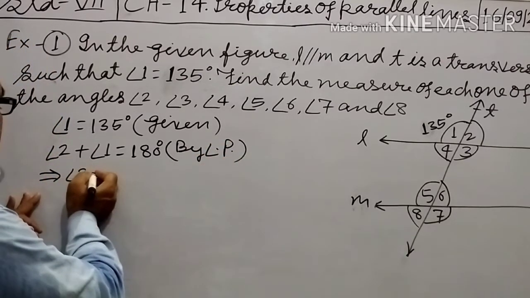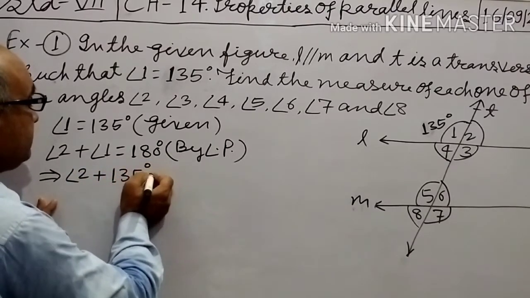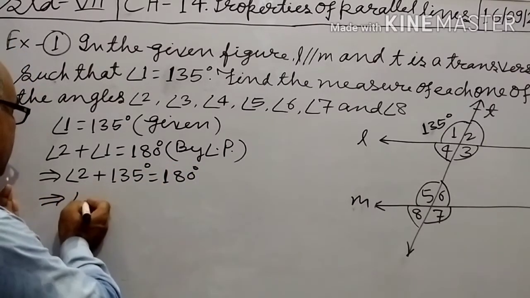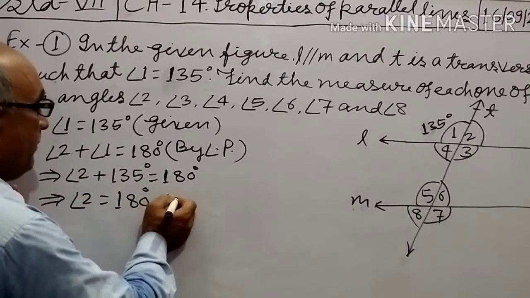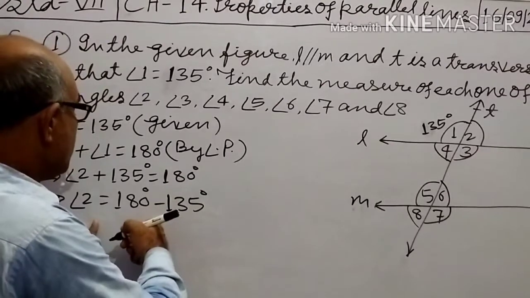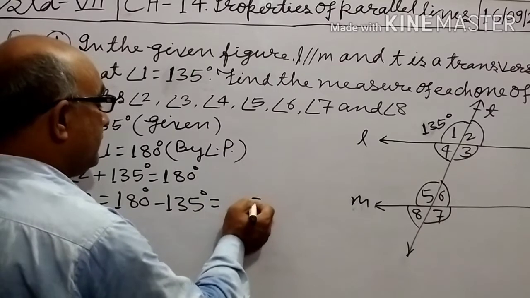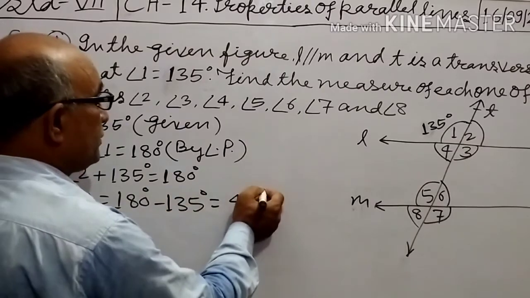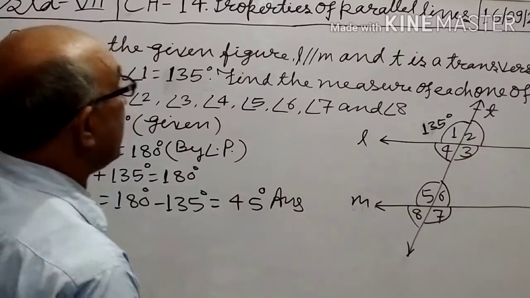Now, angle 2 plus angle 1, that is 135 degrees, equal to 180 degrees. That implies angle 2 equal to 180 degrees minus 135 degrees, 135 by transposition changing to subtraction. So 180 minus 135 degrees equals 45 degrees. Answer: angle 2 equal to 45 degrees.